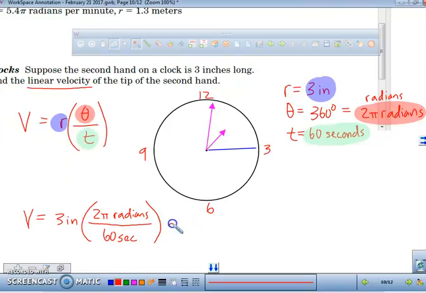Now, when you multiply that all together, that's going to give you how far it goes in inches per second. This is how many inches it goes every single second. And I think you get 0.3. If we round to the nearest tenth, just 0.3 inches. So just 3/10 of an inch is how far it travels per second.